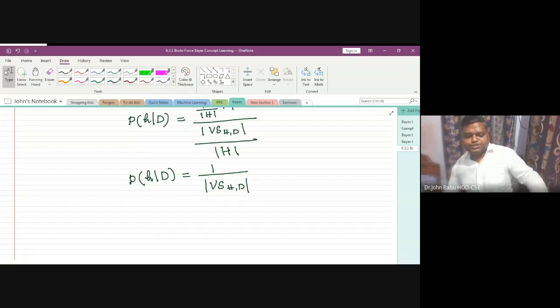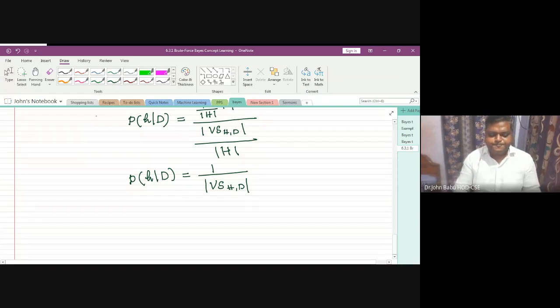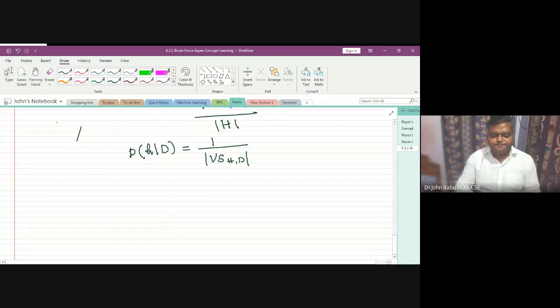So here, to summarize the Bayes theorem, brute force MAP theorem.